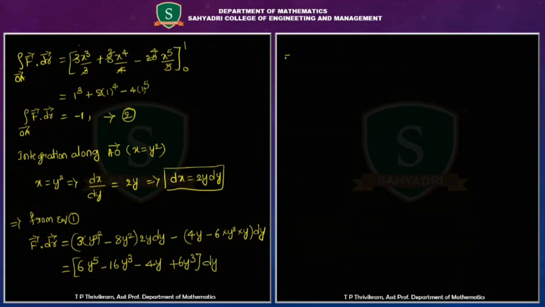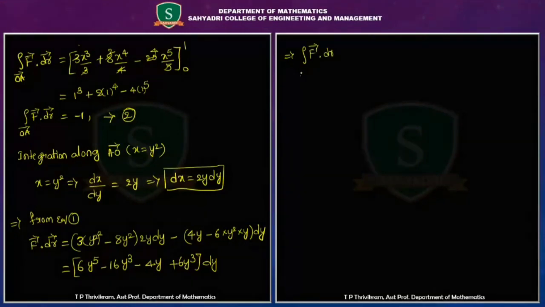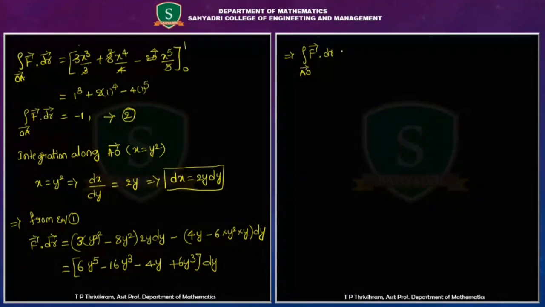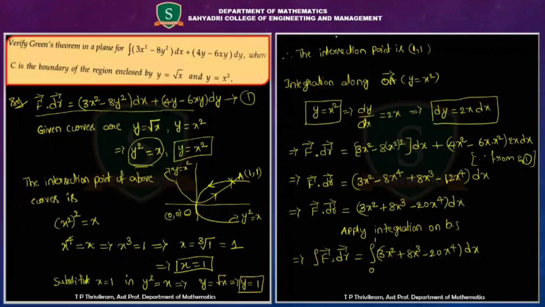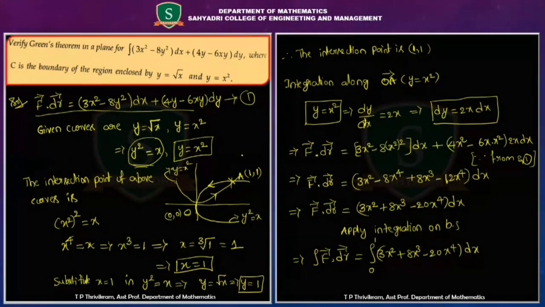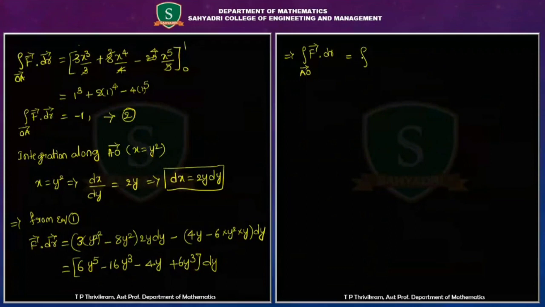So this implies integral f dot dr over the curve AO is equal to integration of, what is the limits for the AO curve? Here direction also is very important. 1 to 0. Yes, correct. Lower limit is 1, upper limit is 0.